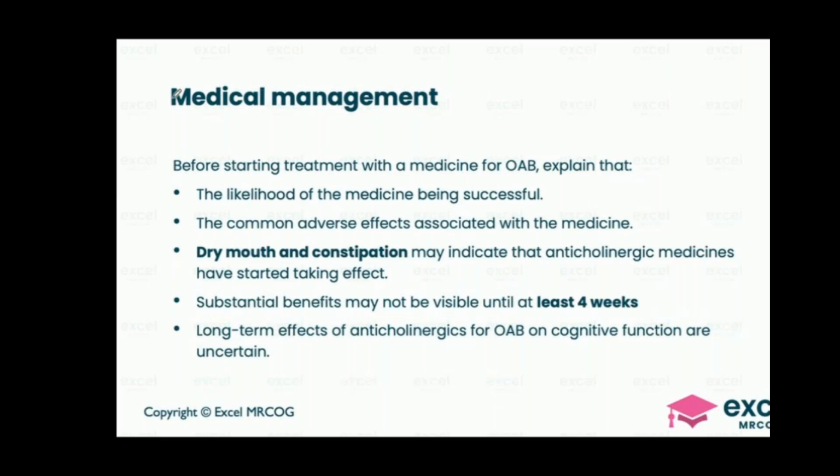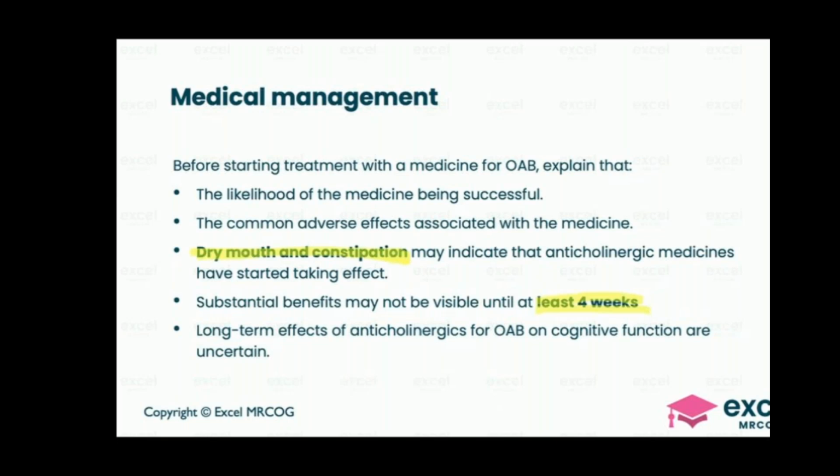Now, important about medical management that you need to know is that the effect is not immediate. You have to wait for the effect to come. You have to wait for 4 weeks. This 4 weeks again is important. She may also have side effects like dry mouth and constipation.